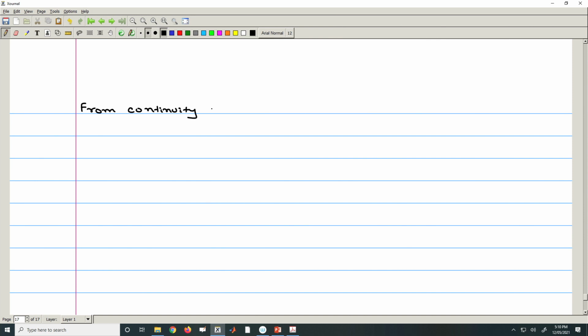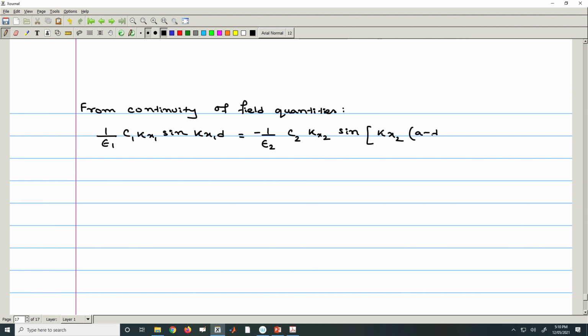we can write, so from continuity of field quantities, we can write 1 upon epsilon 1 c 1 k x 1 sin k x 1 d is equal to minus of 1 upon epsilon 2 c 2 k x 2 sin of k x 2 a minus d.